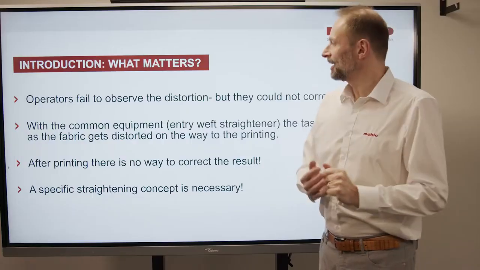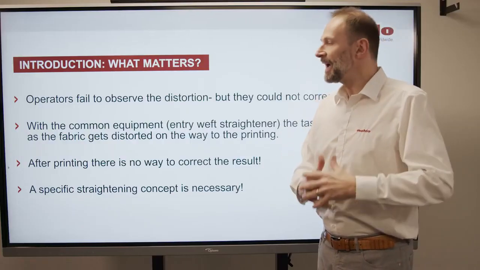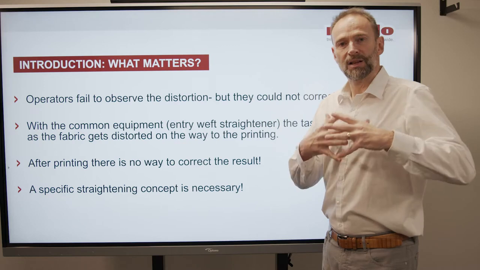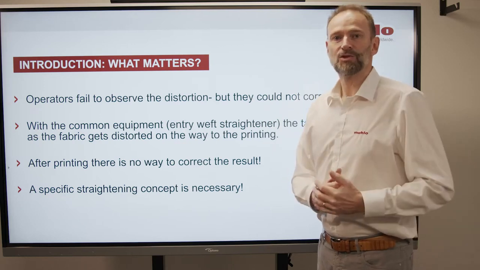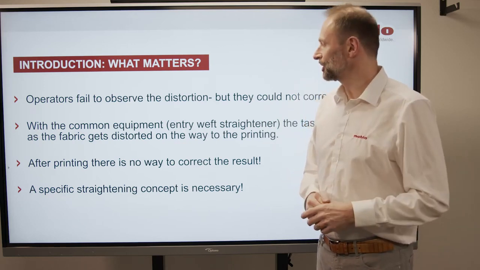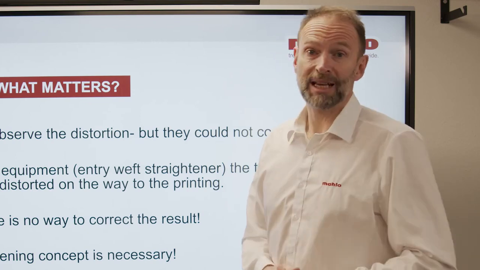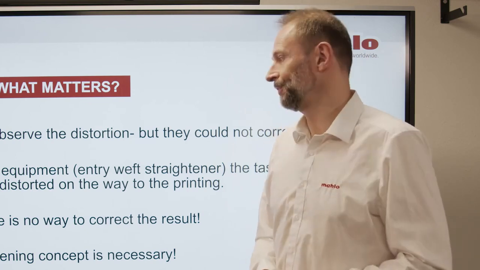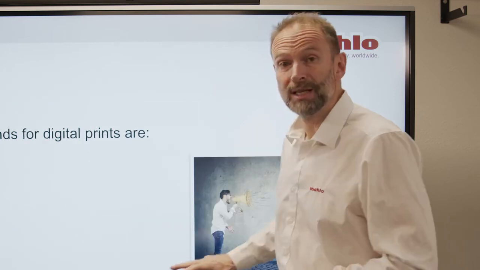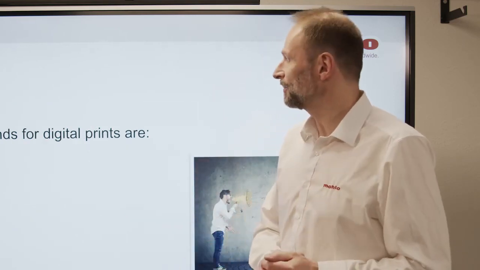And with the common equipment, this task is not available. So you have to make sure that the fabric is really straight when it comes to the printing machine. Because after the printing, there's no way that you can correct it at all. That means that you need to have a specific straightening concept.